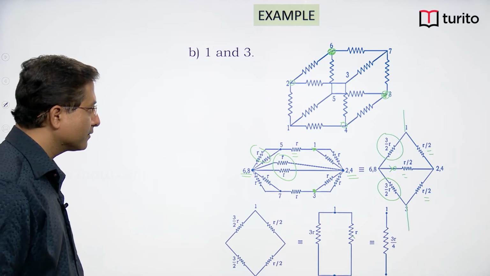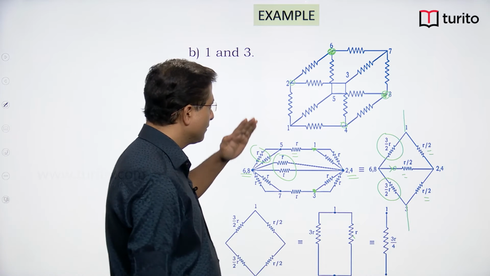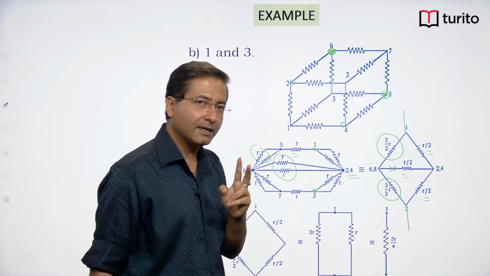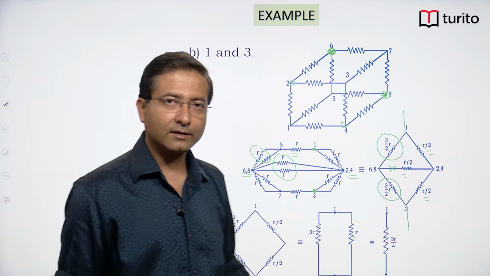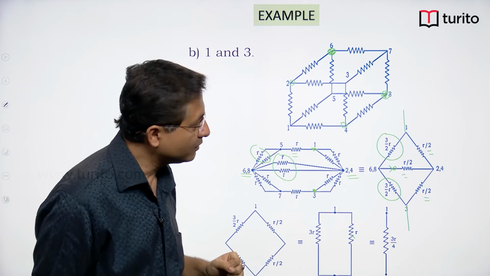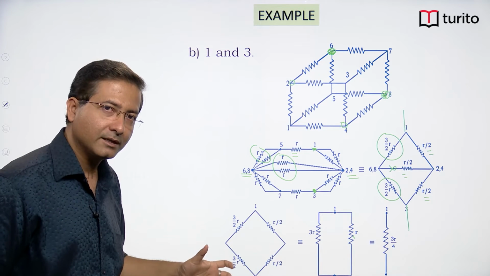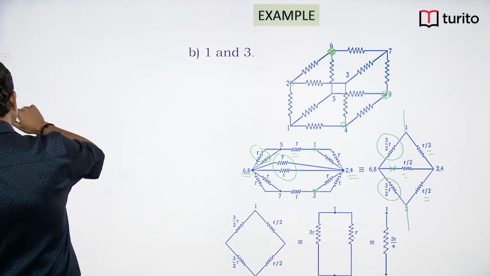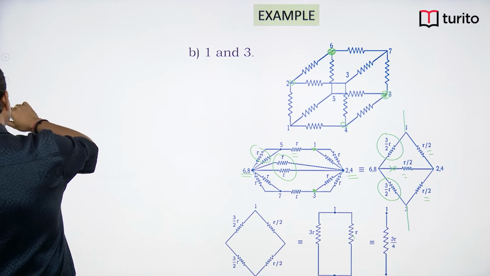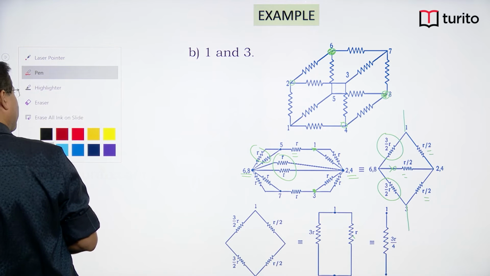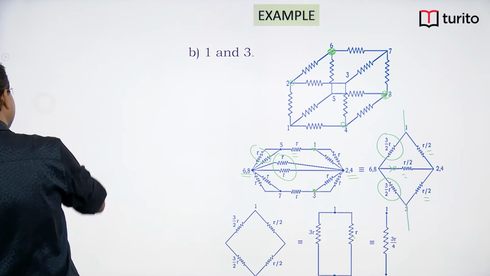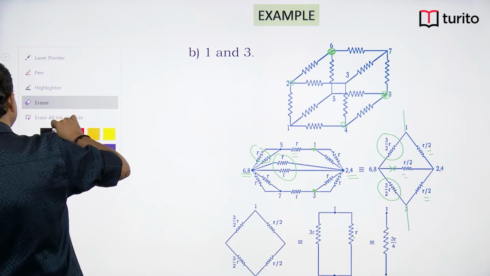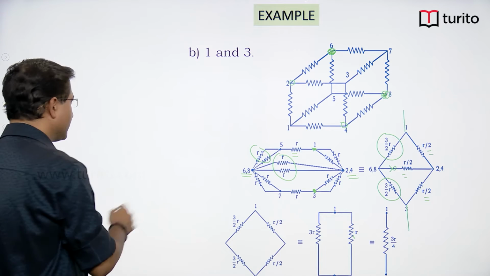So using plane of symmetry, I am able to decide which 2 points are at the same potential and I can solve it. Here you can see input output symmetry as well. So input output symmetry, if I go by, okay, let us do one thing.